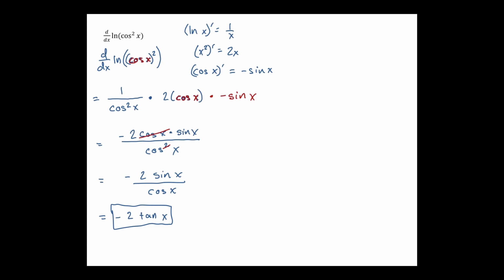So now that we know how to deal with the ln of x, we have kind of dealt with e to the x and ln of x as inverses. So let's go ahead and step back and talk about the more general exponential function. So the derivative of a general exponential function.